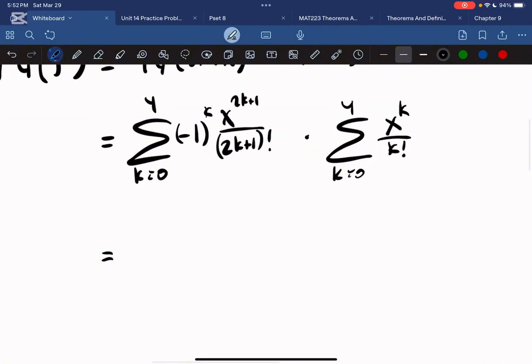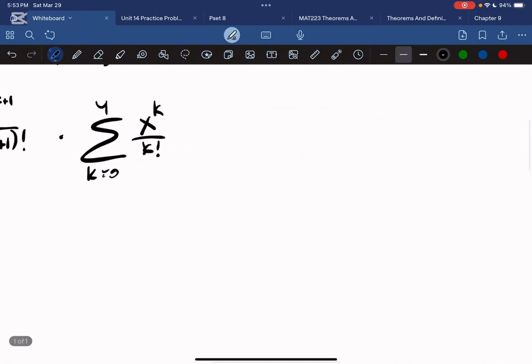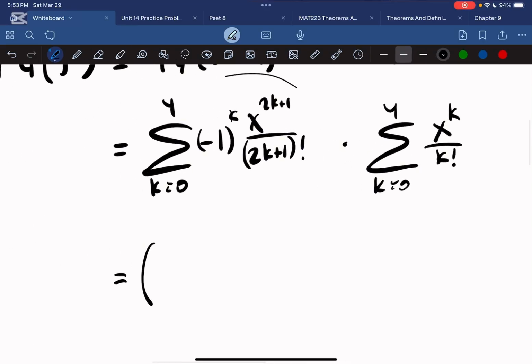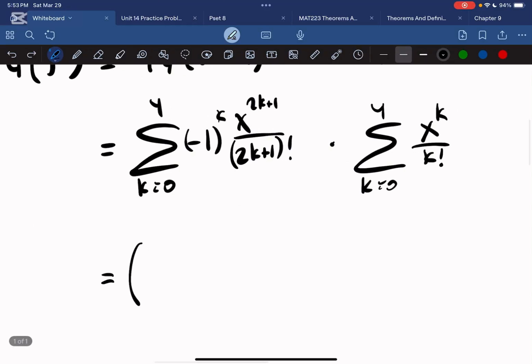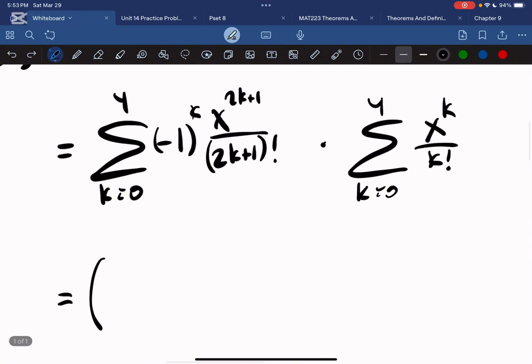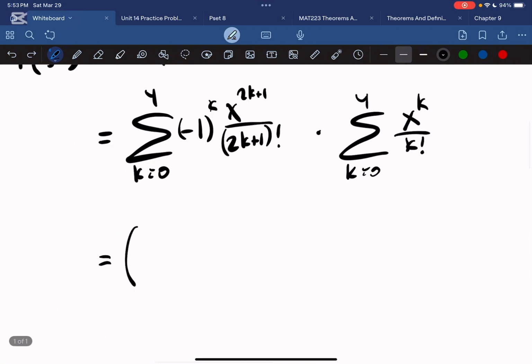And now if we write this out, this is another reason why it's nice that you can just ignore the higher degrees. Because when we expand this out, for k is equal to 0, it's just x, right? And then k is equal to 1, we have minus x cubed over 6. When we go to k is equal to 2, notice that we would get x to the 5 over 120.